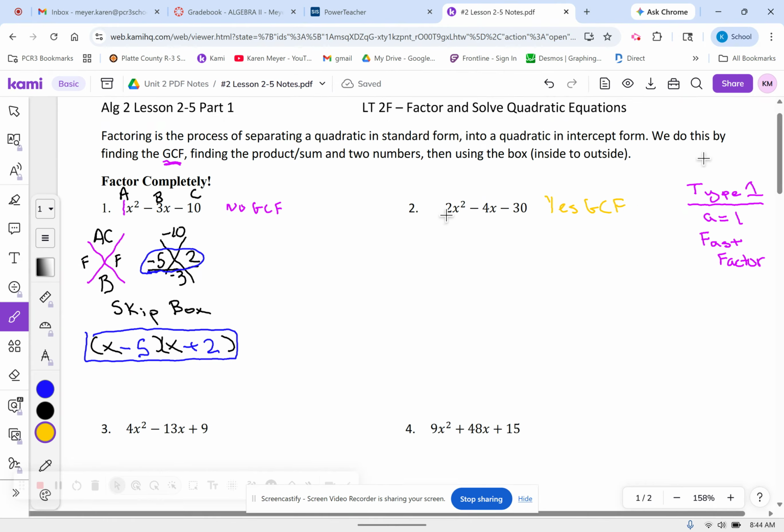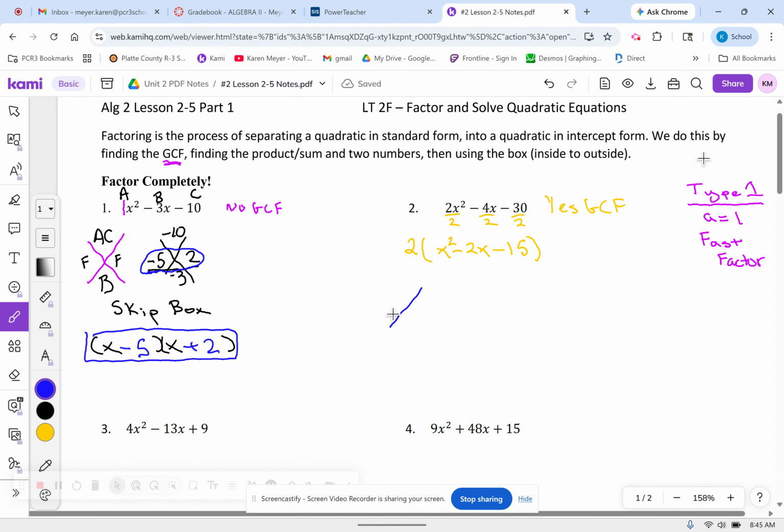I notice that all of them are divisible by 2. Now, if you have a GCF, you're going to take your GCF number and put it in front of your parentheses, and then divide each one by 2. So you would have x squared minus 2x minus 15, and that will go inside your parentheses.